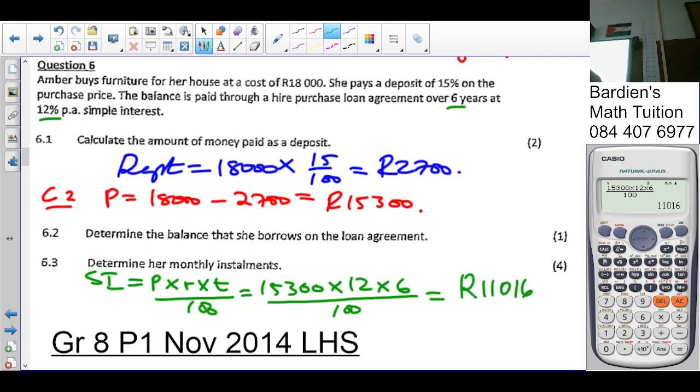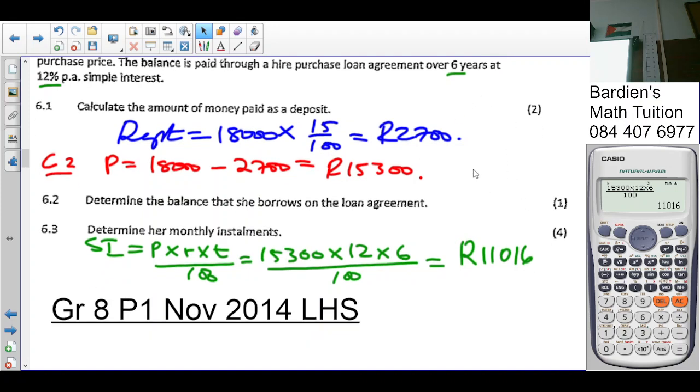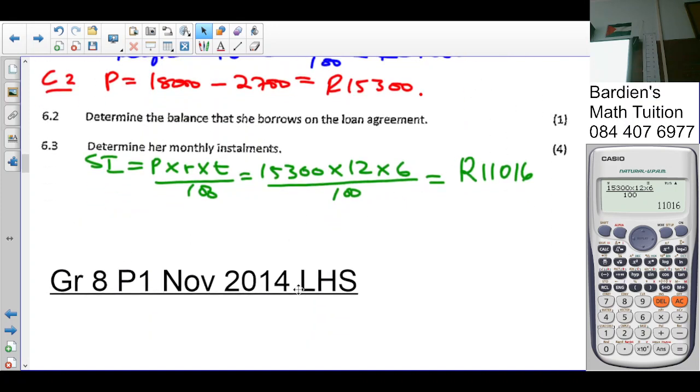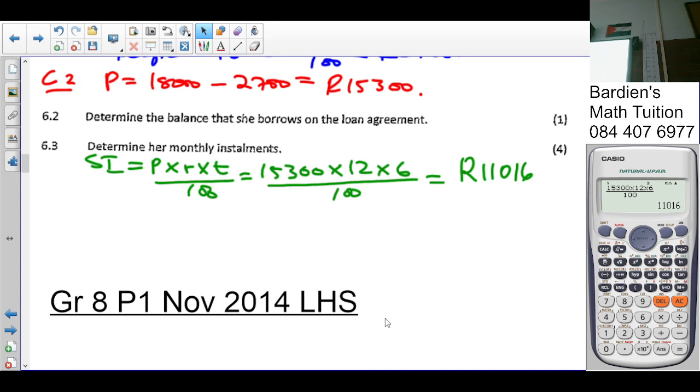Okay. Now the question was for the monthly installment. So to calculate the monthly installment, it's going to be your total amount over your number of months, so it's times 12.